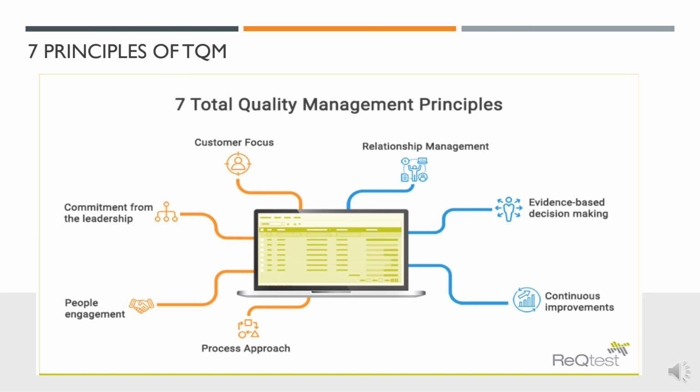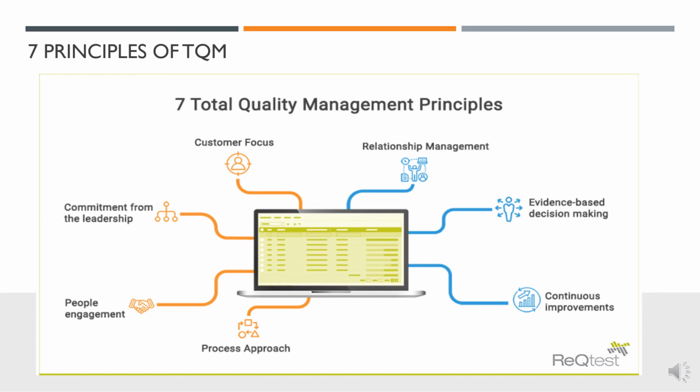Next is that TQM is a process approach. All the activities should be managed as interrelated processes to create consistent and predictable results. These interrelated activities function as a coherent system. The fifth principle is continuous improvement, and an ongoing focus on improvement is a fundamental principle for the success of an organization.